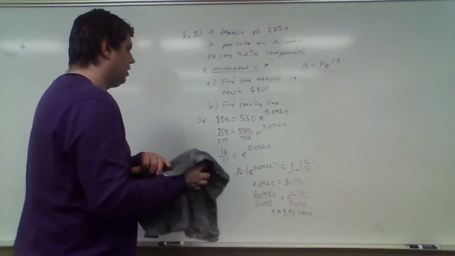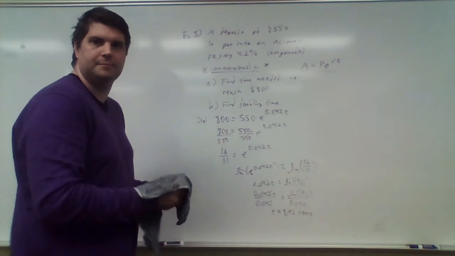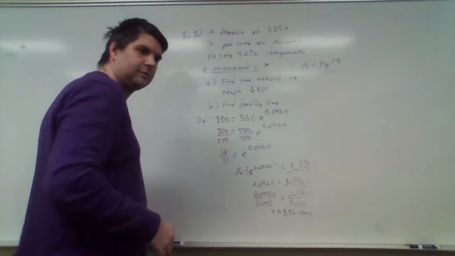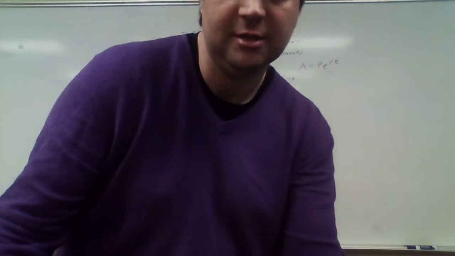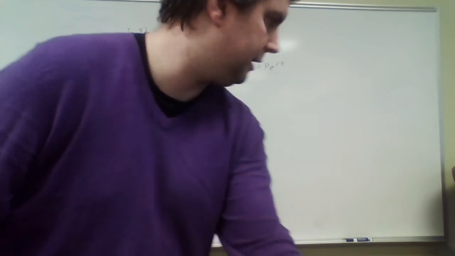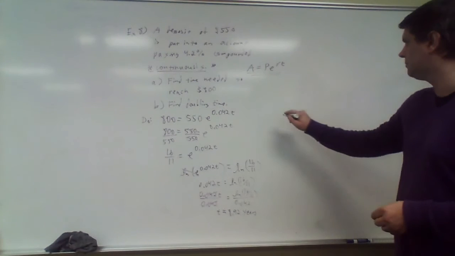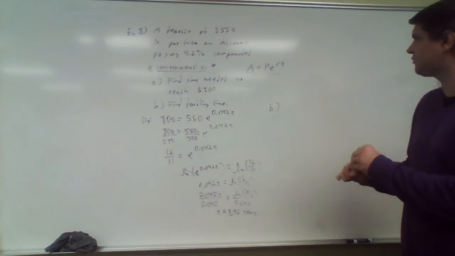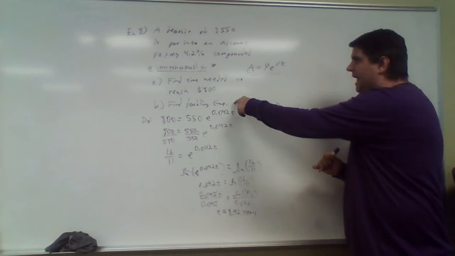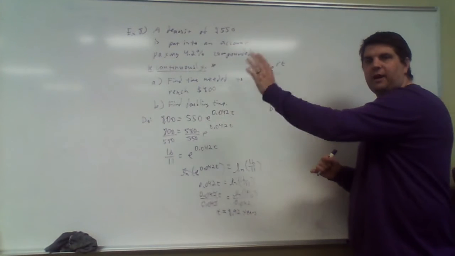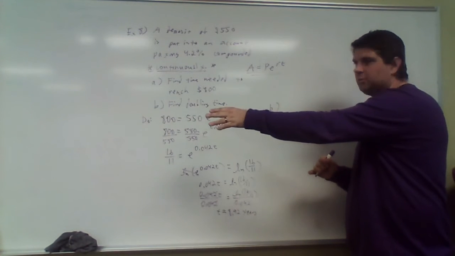Next up, we're going to do B. I think if I tilt this, I can fit them both in here. Okay, so here's B. B asked for the doubling time. That's the amount of time needed for any balance to double.